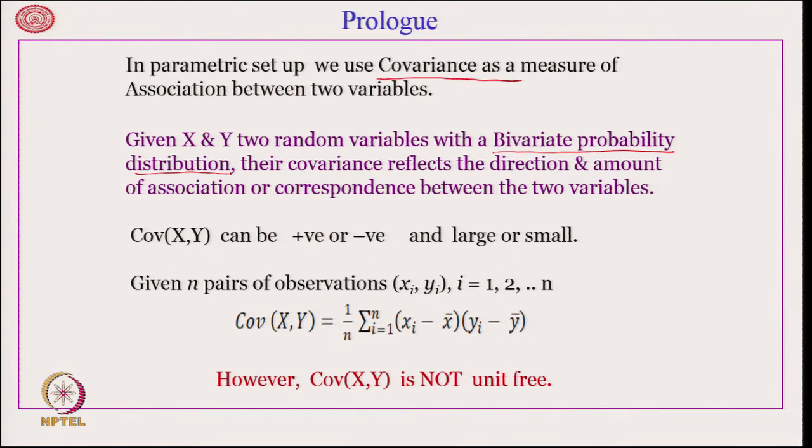But if there is a joint distribution which we call bivariate probability distribution, then their covariance reflects the direction and amount of association or correspondence between the two random variables. So, we know that covariance of x y can be positive or negative, that is, direction is plus or minus.